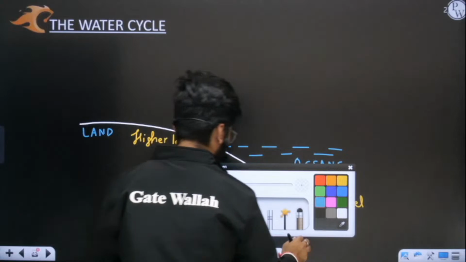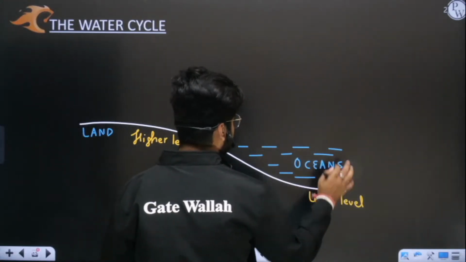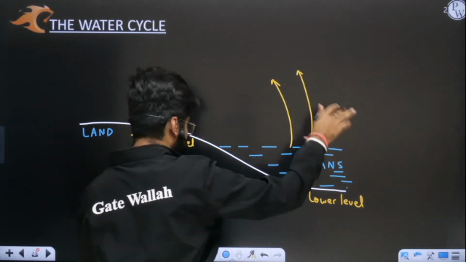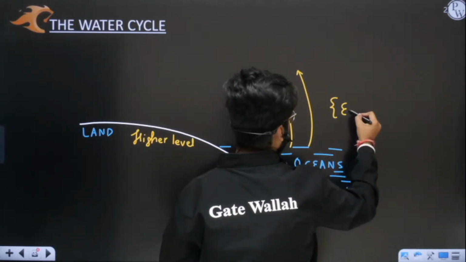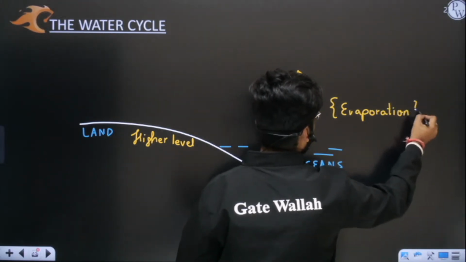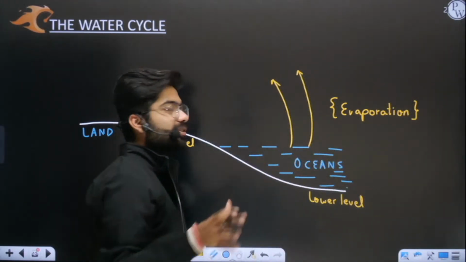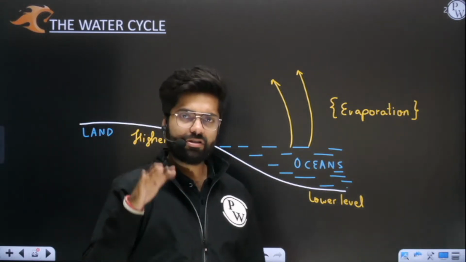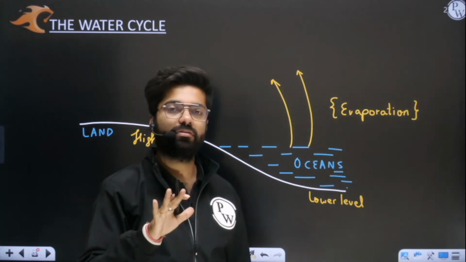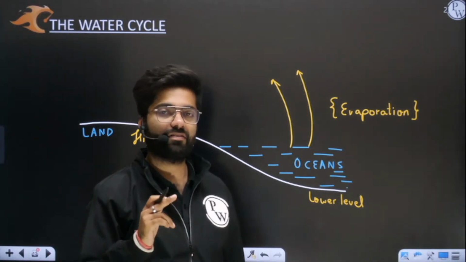So basically, it's a three-step process. This is your evaporation. From oceans, evaporation will be more. We have more water in oceans, so it will get evaporated. Also, some water falls back in the form of precipitation over oceans, but precipitation is less, evaporation is more.